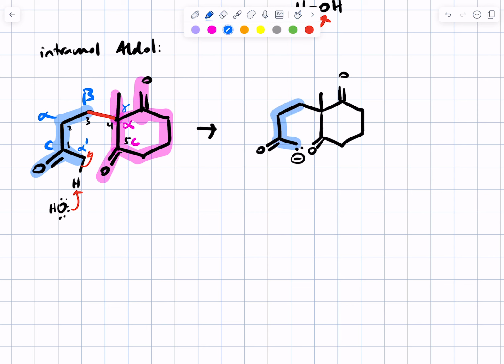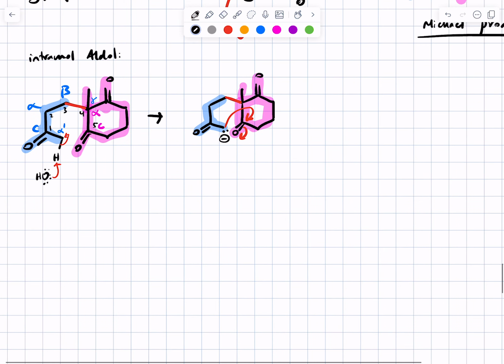I don't totally love that drawing, but I guess we'll live with it. All right. So we'll have this carbon attack the carbonyl carbon in an aldol reaction. That makes the second sigma bond. So here's the first, here's the second.